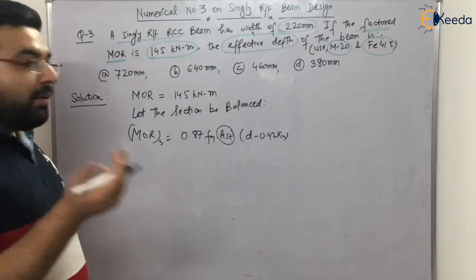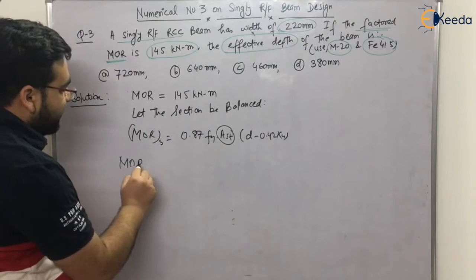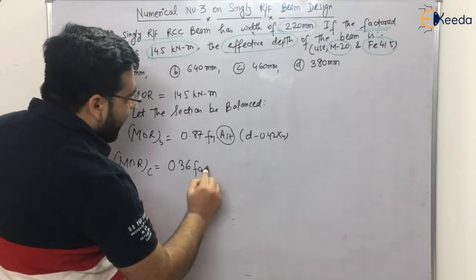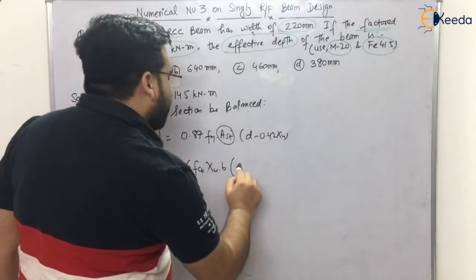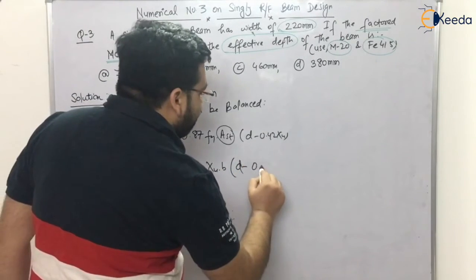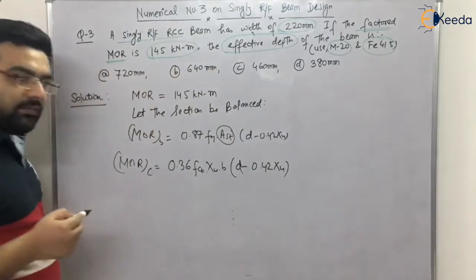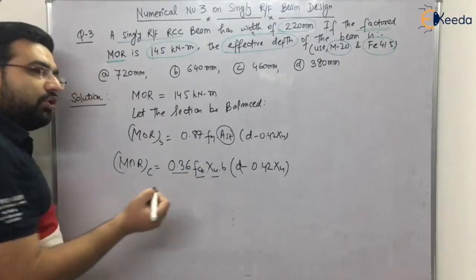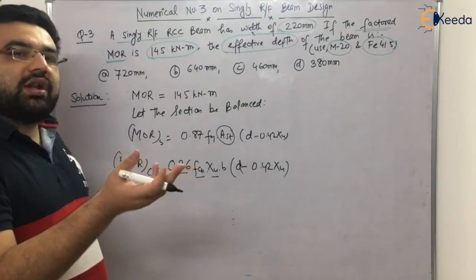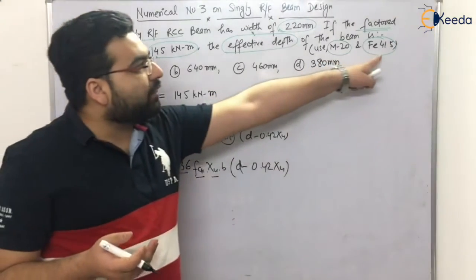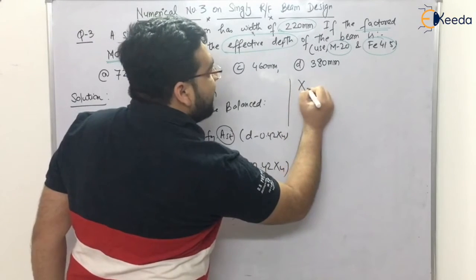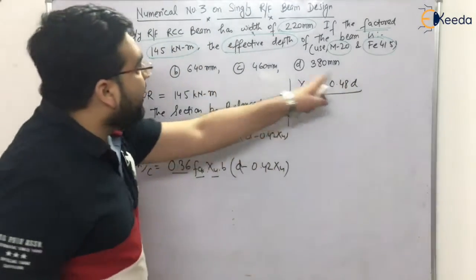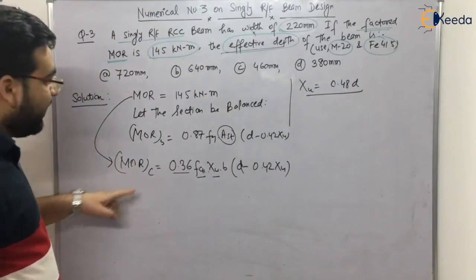But the moment of resistance with respect to concrete equals 0.36 fck Xu b (d minus 0.42 Xu). Here 0.36 is known, fck is known for M20, and Xu is known, because for a balanced section the maximum neutral axis equals the actual neutral axis. For Fe415, Xu equals 0.48 d. Is d given to me? Yes, d is given.